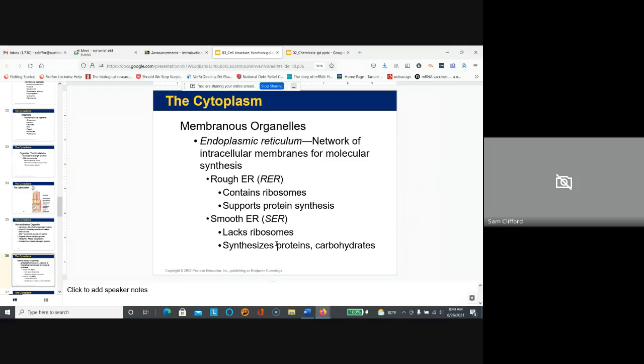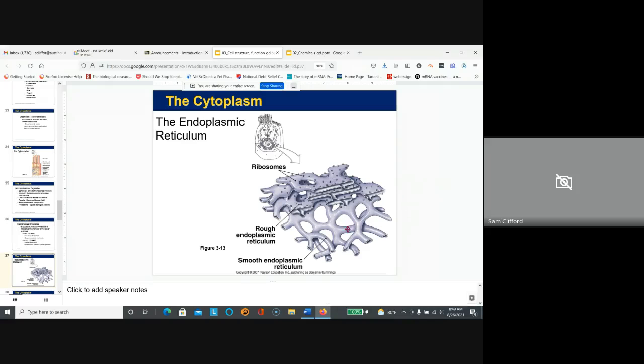But it still is able to synthesize protein and carbohydrates, where the rough ER has ribosomes that form a manufacturing site for proteins. So endoplasmic reticulum is rough if it has ribosomes attached to its external surfaces, and it's smooth if it has no ribosomes. It's a series of connecting tubes where proteins are transmitted ultimately to the Golgi bodies, where they are packaged and released from the cell.